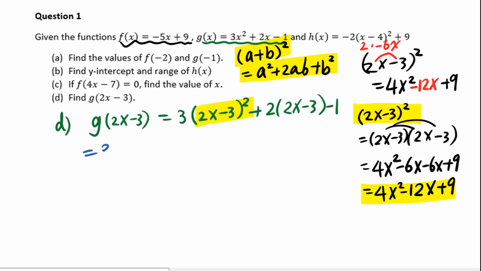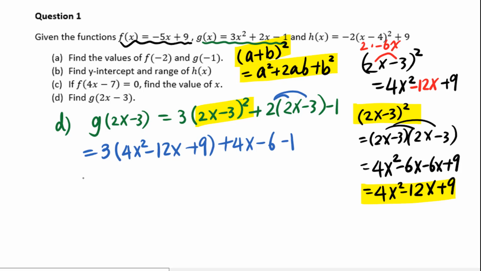So we will get 3 times 4x squared minus 12x plus 9. Distributive property, plus 4x minus 6 minus 1. Then distributive property here, you will have 12x squared minus 36x plus 27.